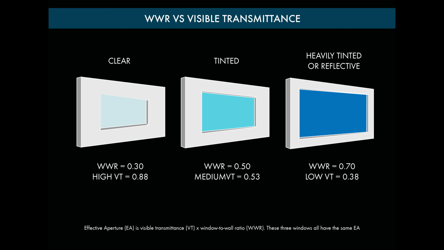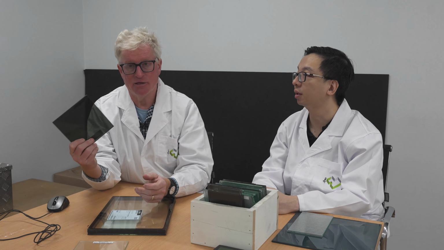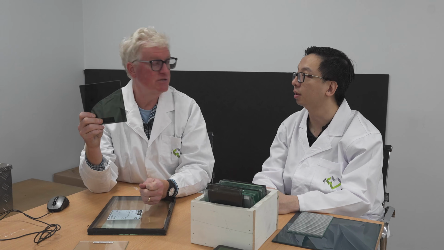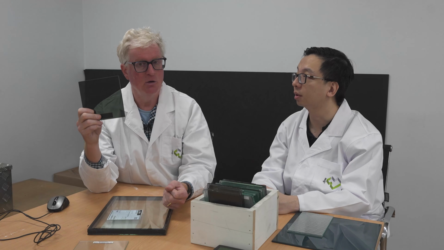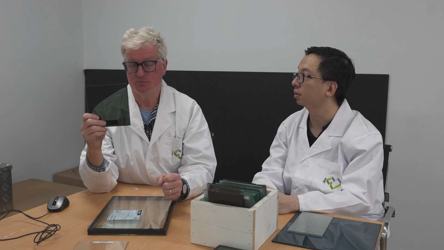Meaning that we have a huge aperture allowing sunlight to come through, we want to put our sunglasses on. We might not even notice that the glass I'm holding up is as dark as it is. Once again, we're filming this indoors. If we were outside looking through this glass, it would be a totally different experience.